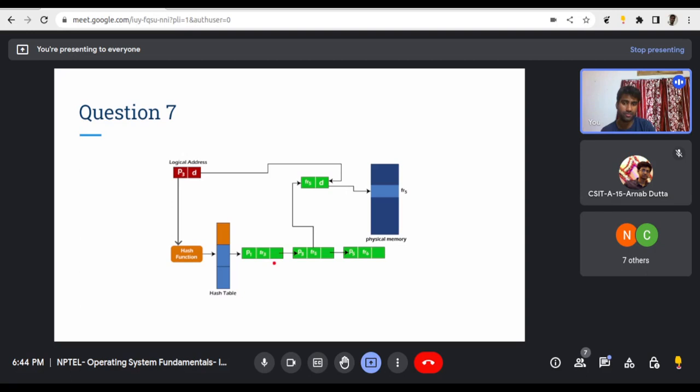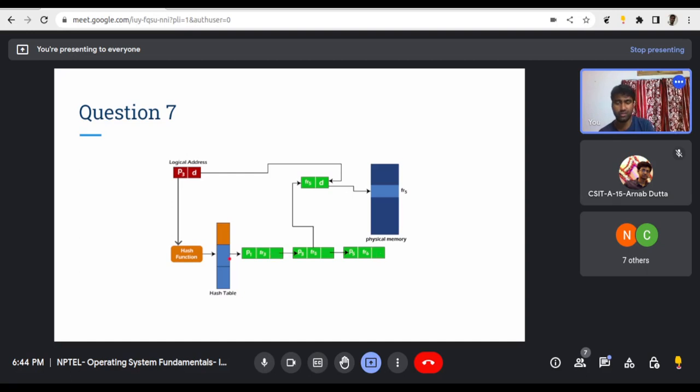So this is actually chaining, a collision resolution technique that is used in hashing. This is the actual chain that is created to resolve the collisions.